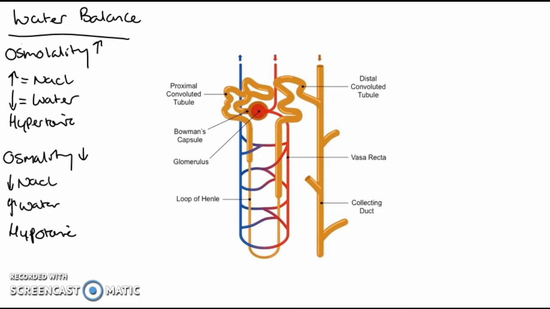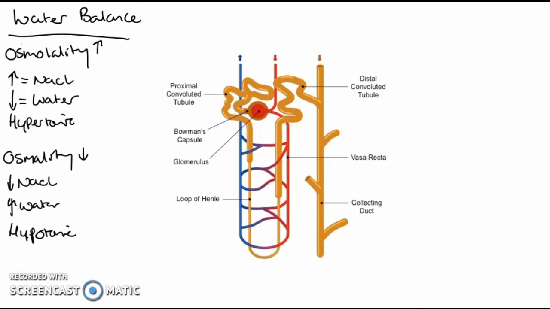And therefore, if you've got a fluid that has got salt equaling water, let's do this properly, that is going to be isotonic. Okay, so let's get that out of the way. Just deal with these for now.